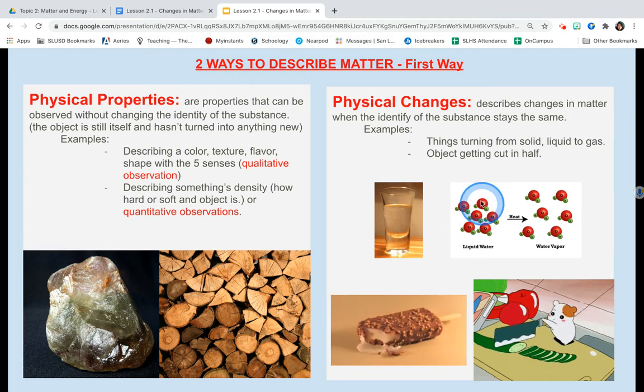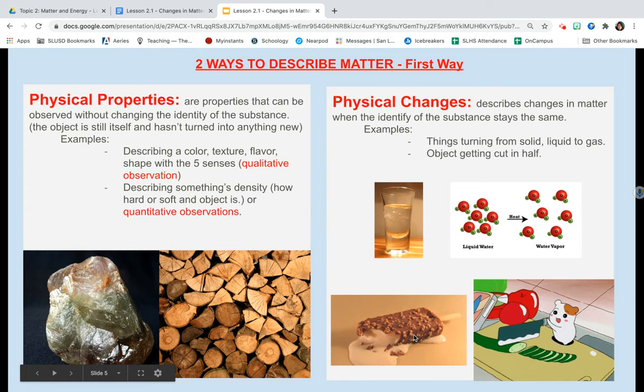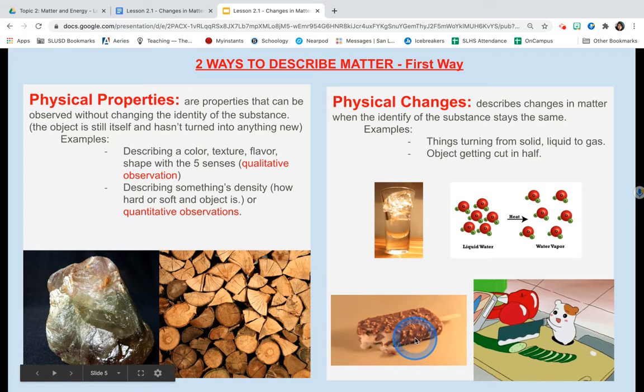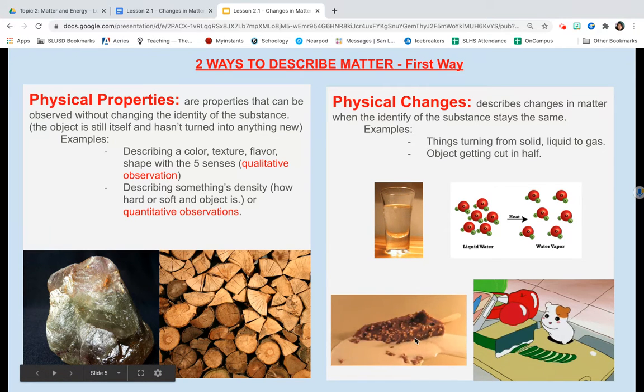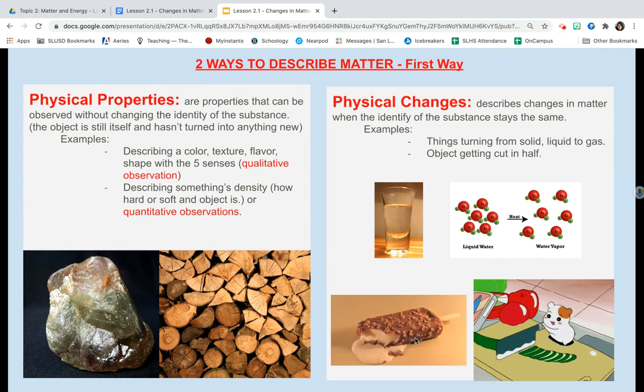They're still the same shape of whatever substance it is, right? So ice cream melting is also a physical change, right? It's not exactly the same as looking at an ice cream before it's melted versus after it's melted, but none of the flavor of the ice cream is actually changed, right? The ice cream is still ice cream itself.